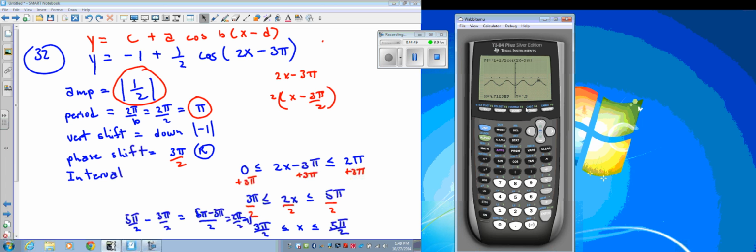Notice that they're doing vertical shifts, they're doing phase shifts, and everything is included, so we should look at some of those so we get an idea of what to do.